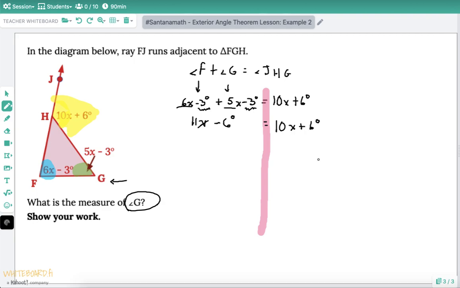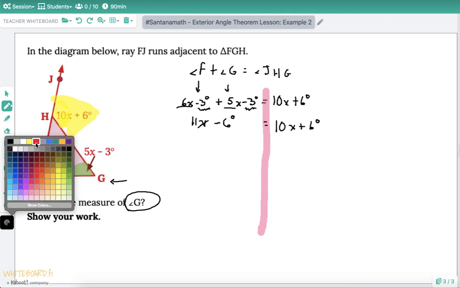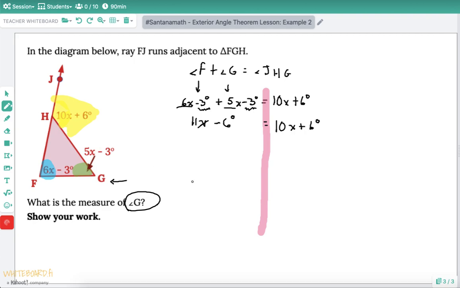As I said before, now we get to use inverse operations. We want to definitely use the inverse of addition on the right, because this is 10x plus 6 and 10 is smaller than 11. That's why I'm moving the 10. So minus 10x on both sides.